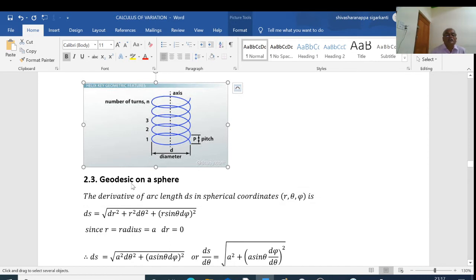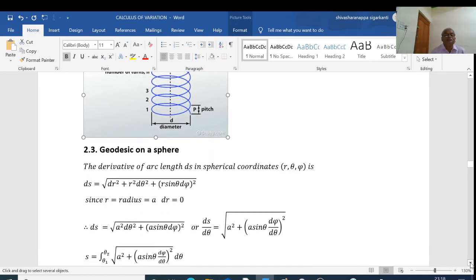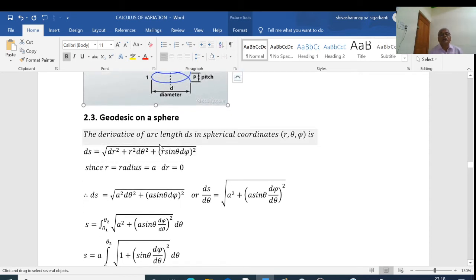Next we go for finding geodesic on a sphere. The derivative of arc length ds in spherical coordinate system is given by ds equal to root of dr square plus r square d theta square plus r sin theta d phi square. Here r is the radius of the sphere, a constant quantity. Therefore dr is equal to 0, and this term becomes 0.